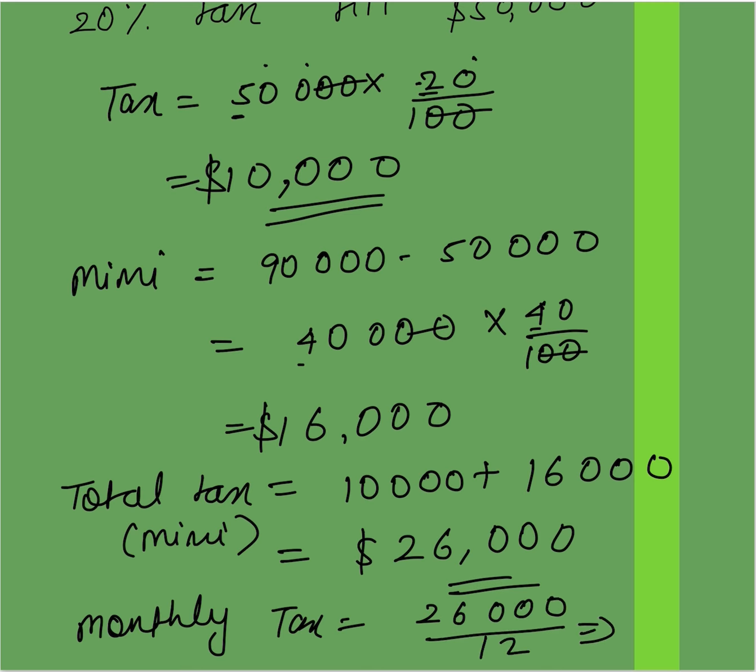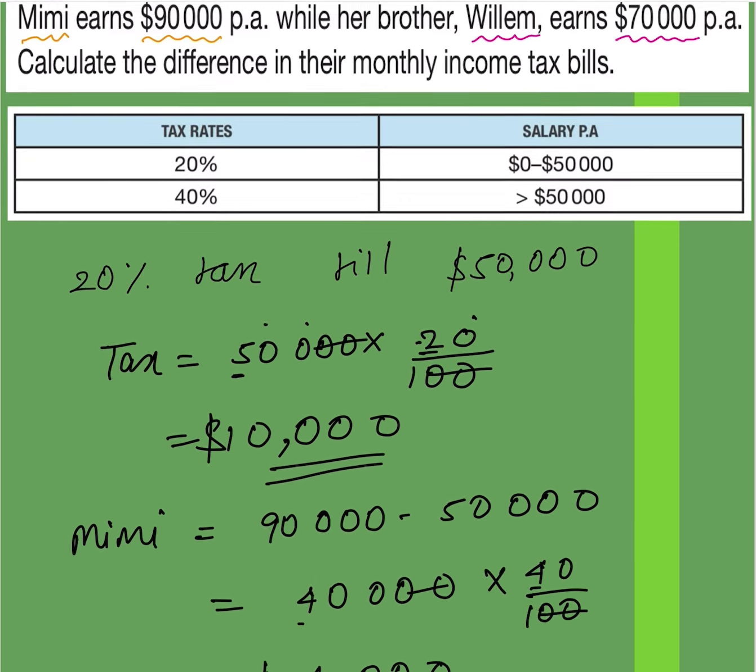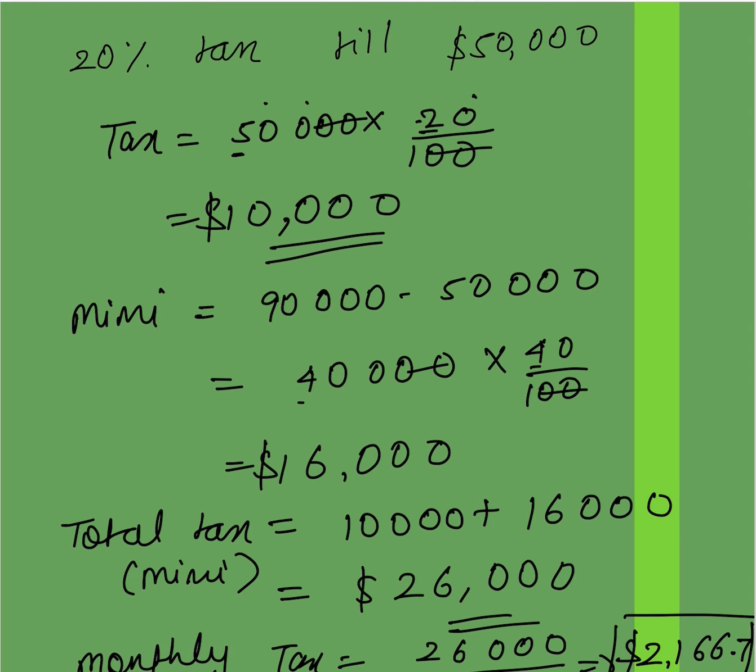So when you divide by 12, let's use the calculator for this. 26,000 divided by 12 gives you 2166.7. Okay, we'll round it off. So this is Mimi's tax, 2166.7.